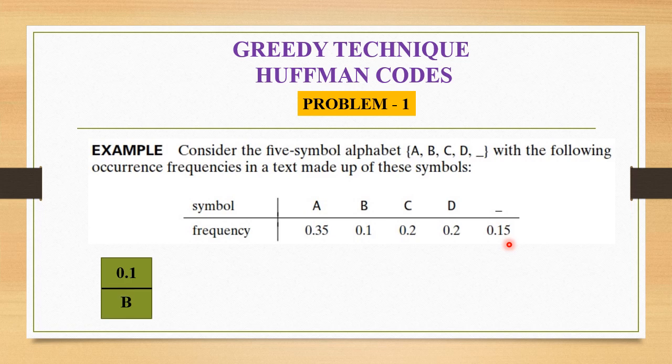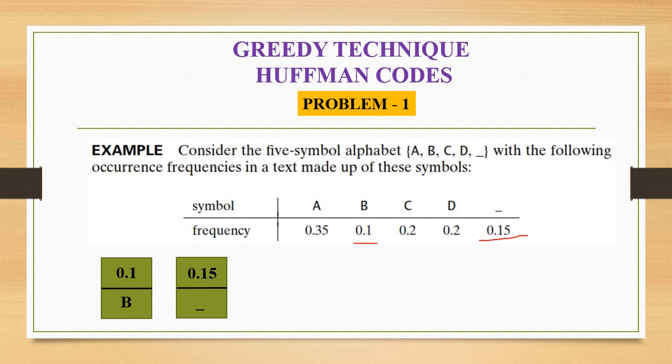As my step says, I have to identify the two characters with the least frequency of occurrence. Among 0.35, 0.1, 0.2, 0.2 and 0.15, the least two are B and the underscore with 0.15. So I have identified that.